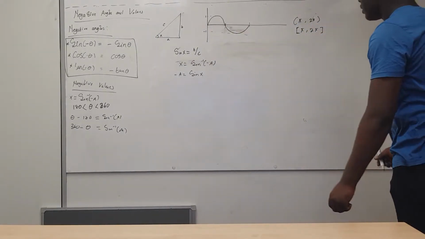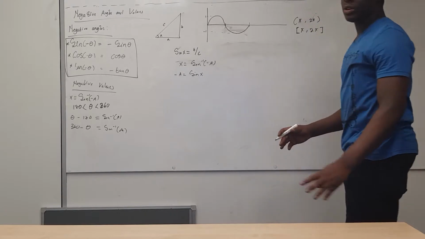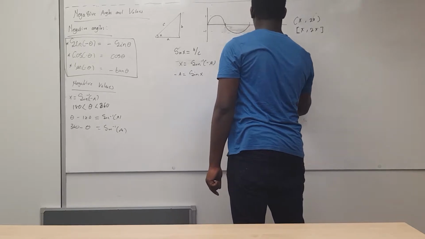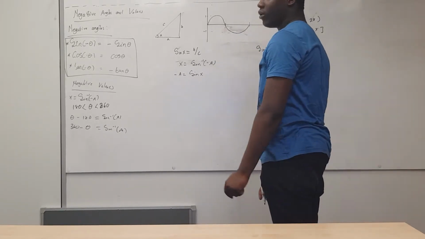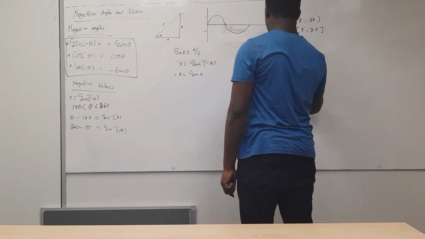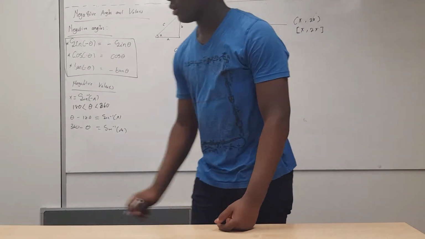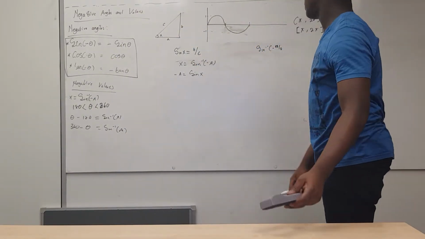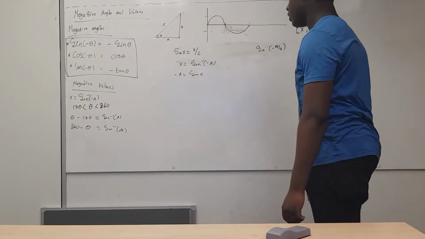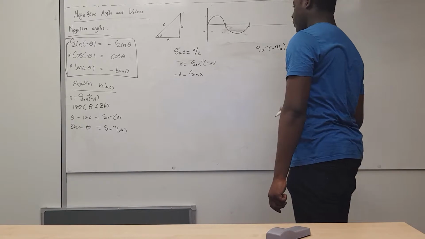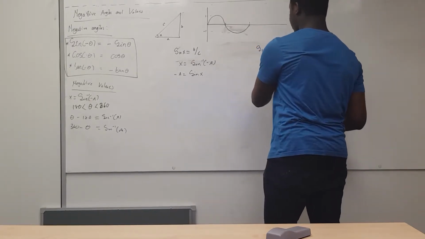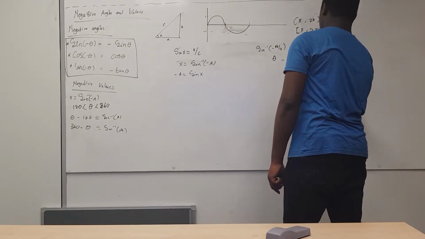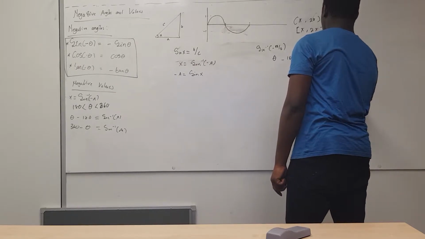Let me just clear this in your mind. Let's say we had to find the possible angles for sine inverse of negative root 2 divided by 2. So what we do is, since this is negative, we say the variable we're looking for minus 180 is equal to sine inverse of the absolute value of root 2 divided by 2.